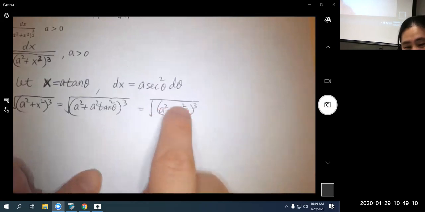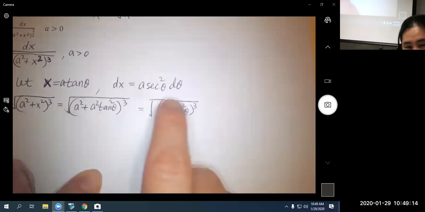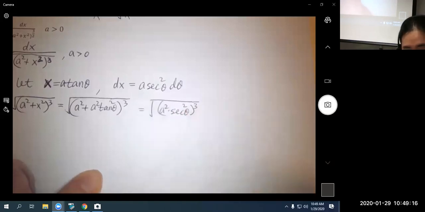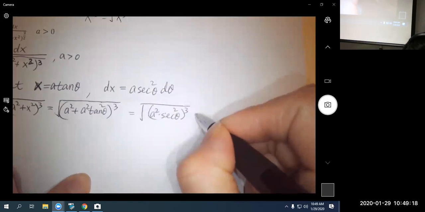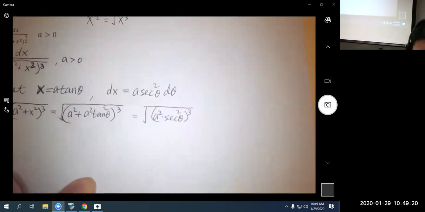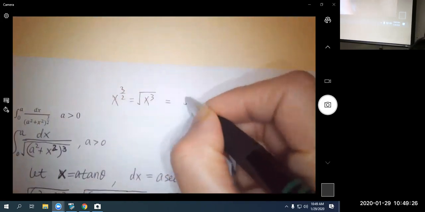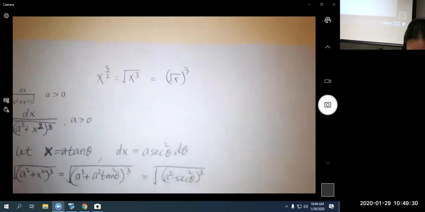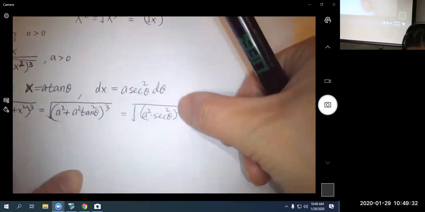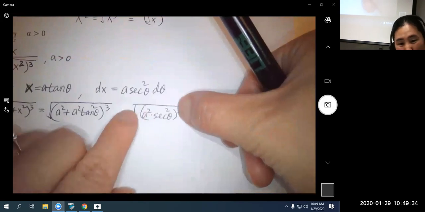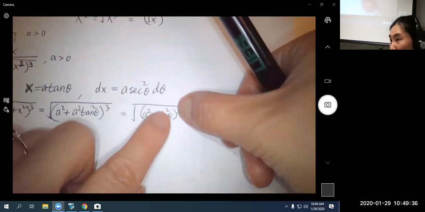Now we have square, cube, then square root. So this radical can be written as the cube's square root, or it can be written as the square root of x cubed. Either way, okay? So now we can take the square root of a squared times secant theta squared, right?